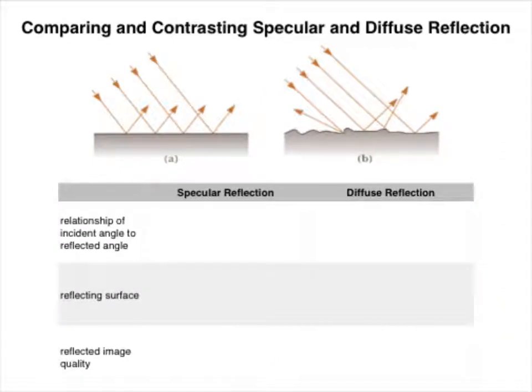So if we wanted to fill out the compare and contrast matrix for specular and diffuse reflection, well, the relationship of the incident angle to the reflected angle in specular reflection, they are equal. In diffuse reflection, they are still equal. The reflecting surface in specular reflection is perfectly smooth.